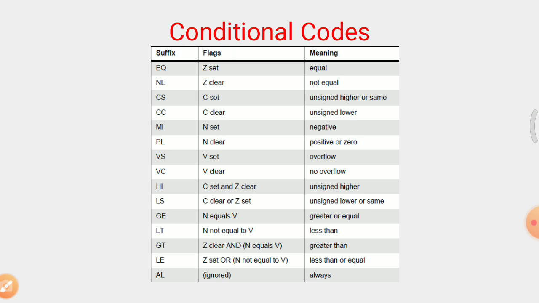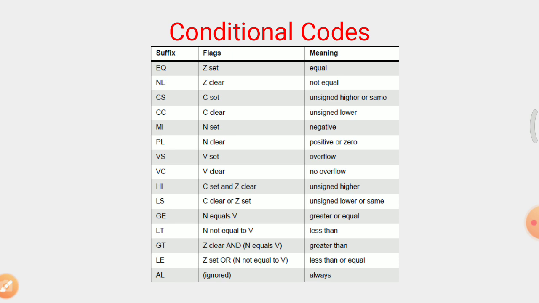Likewise, there is CC, where the meaning of CC is unsigned lower. That is, the condition for this is that the carry flag C should be 0, clear. Only if C is clear, the instruction is going to be executed.